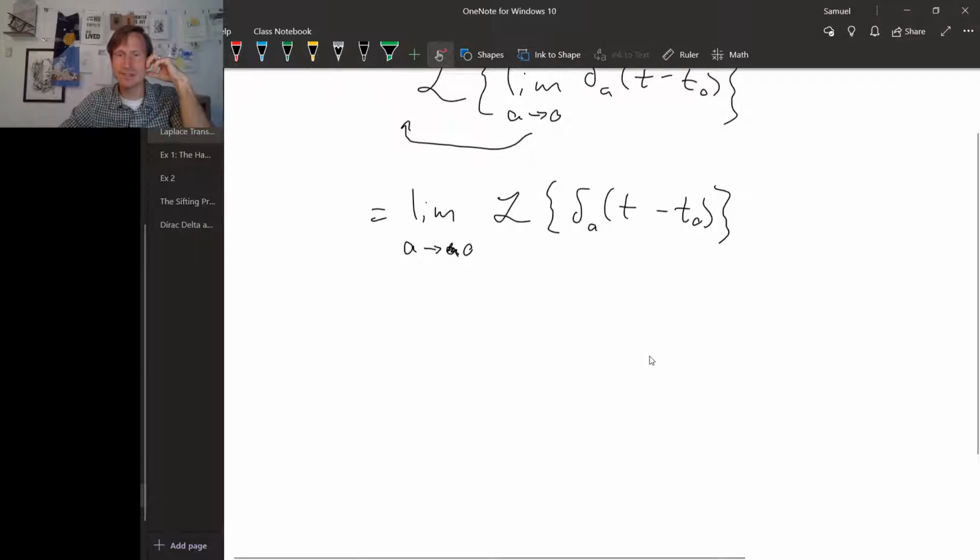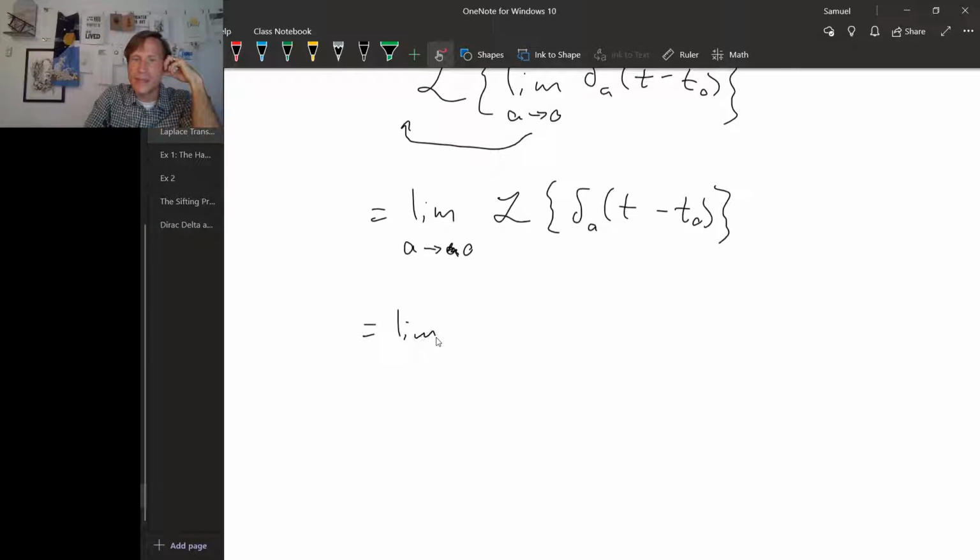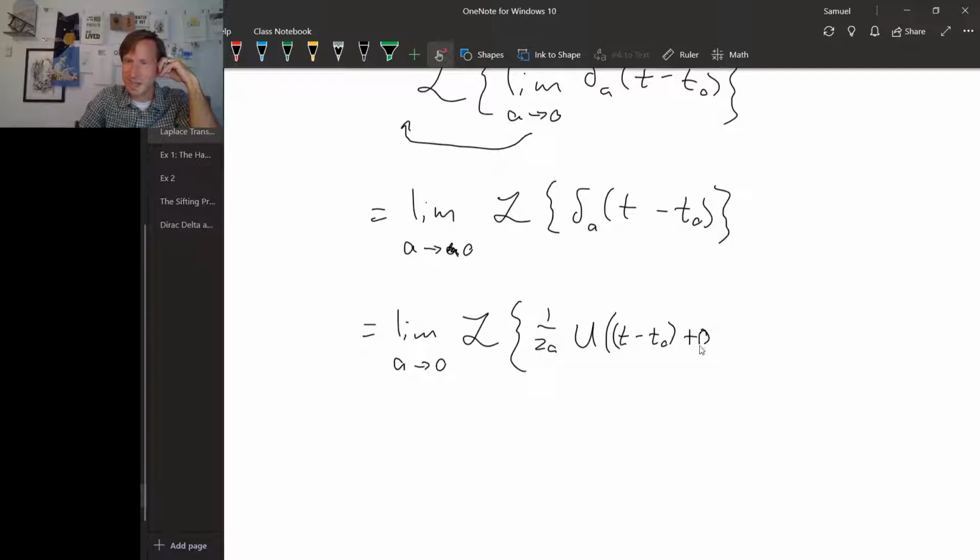Okay, so what is this? Well, remember, we wrote delta sub a as a difference of two step functions. And we know the Laplace transform of step functions, so that would be a nice way to calculate this Laplace transform. So it was 1 over 2a times u of t minus t naught plus a.